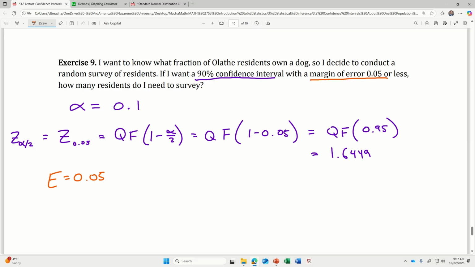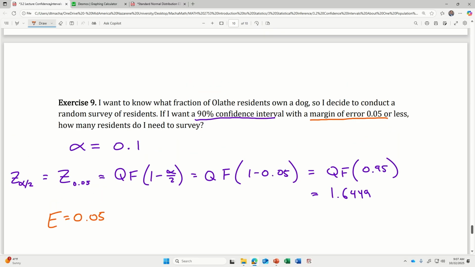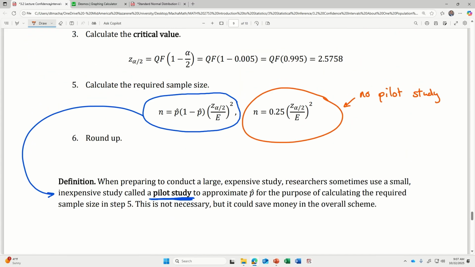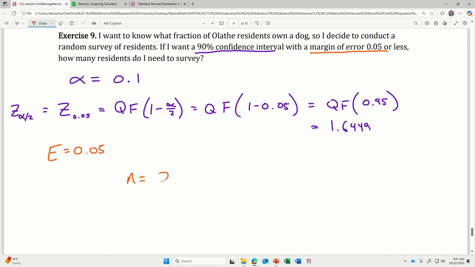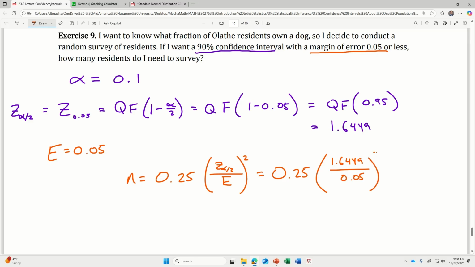So I need to use the formula that doesn't rely on a pilot study. I need to use the formula n equals 0.25 times the critical value divided by the margin of error squared. So that'll be 0.25 times 1.6449 divided by 0.05 squared.